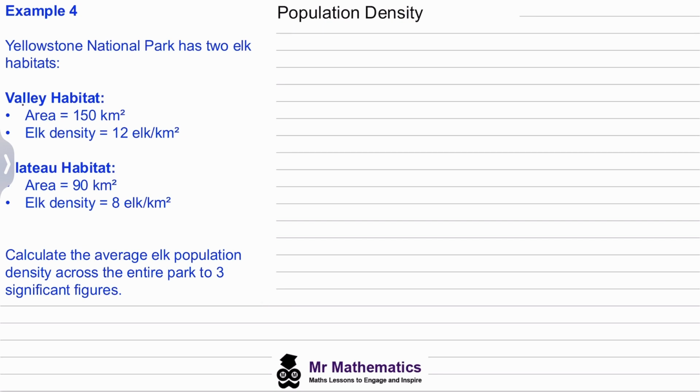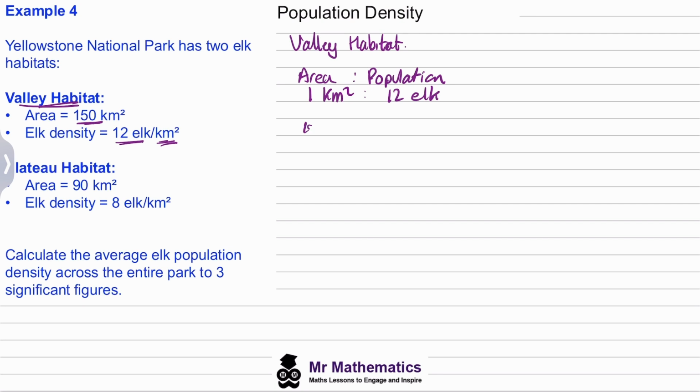If we begin with the valley habitat, we're told that the population density is 12 elk per 1 kilometer squared. So we'll write this in our ratio. We want the population in an area of 150 kilometers squared. So we'll multiply both sides by the 150.